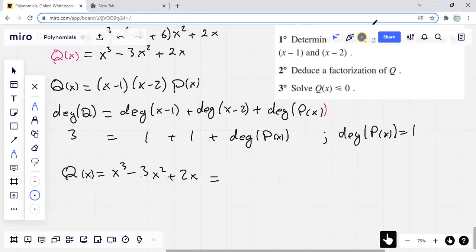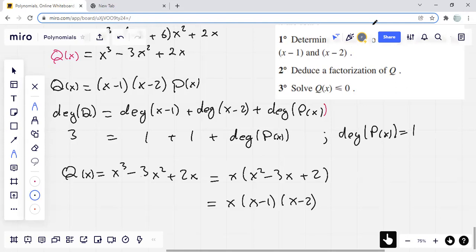When the polynomial has no constant term, then we can take x as a common factor. We are left with x squared minus 3x plus 2. Okay, and we know that x minus 1 and x minus 2 are also factors of q of x. So we can write this now as x into x minus 1 into x minus 2.